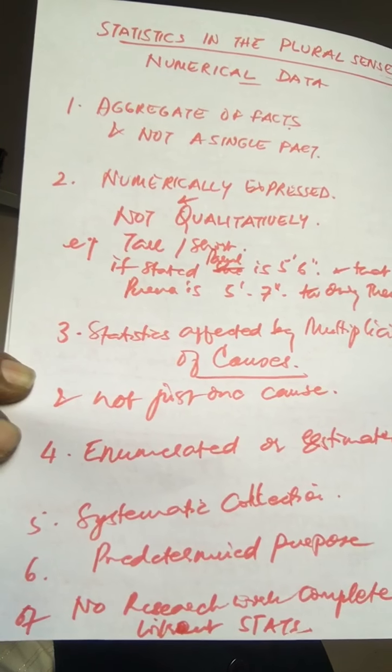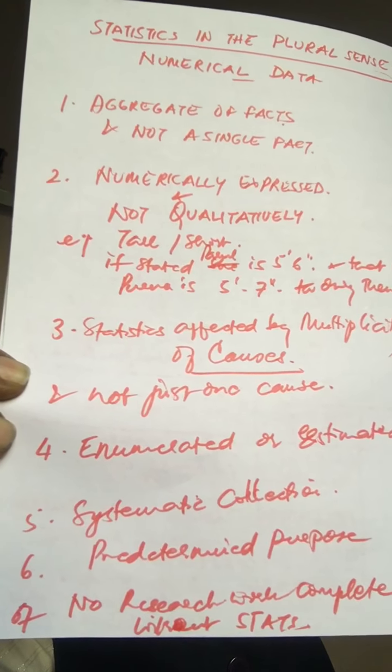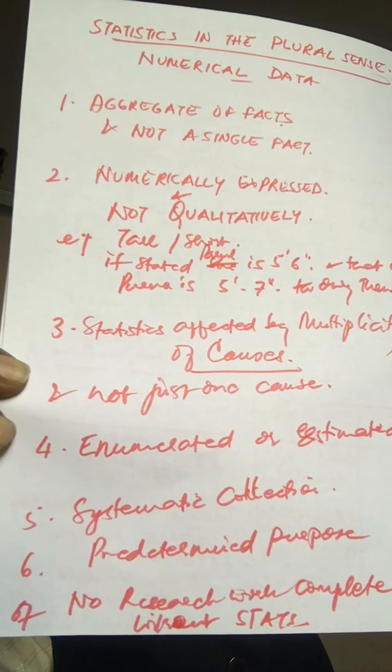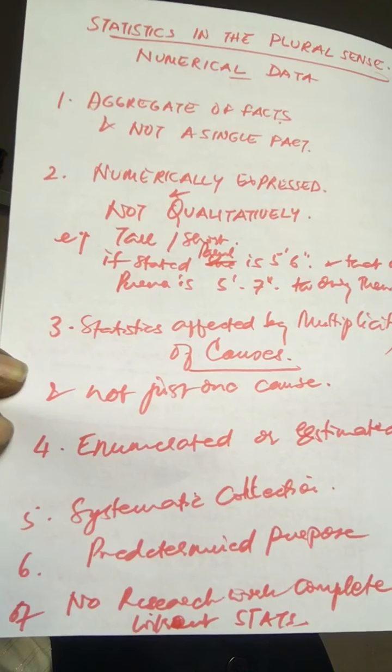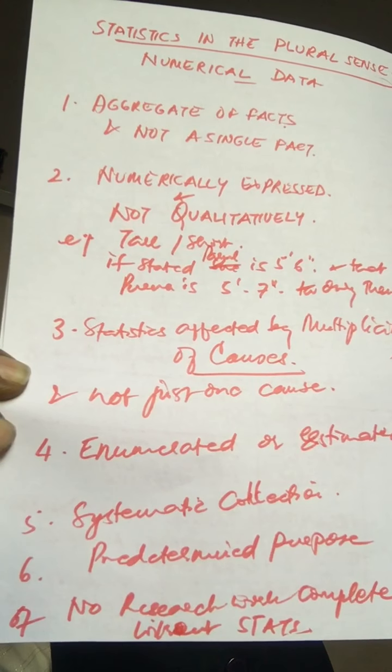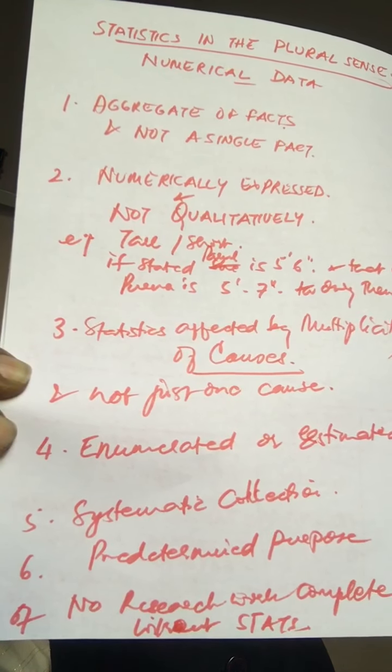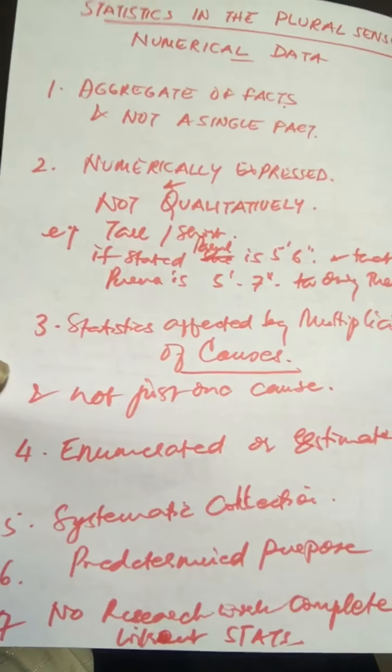Whenever you're doing the comparison, you have to see that the data are homogeneous, that is, they relate to the same phenomena or subject. For example, it is meaningless to compare the height of the students and their intelligence. So that is what we talked about, statistics in the plural sense.